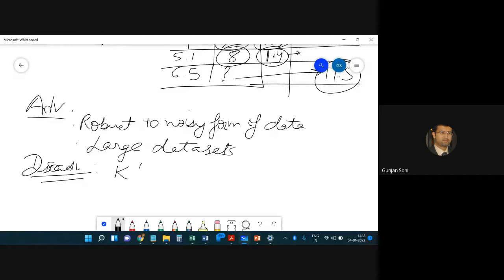So we need to find out what the value of k is all the time. So there's a lot of hit and trial involved. It's one of the parameters which is difficult to determine. It's a hyperparameter.